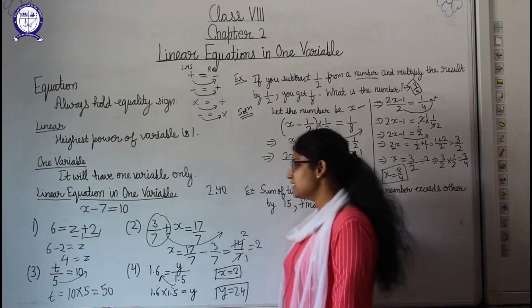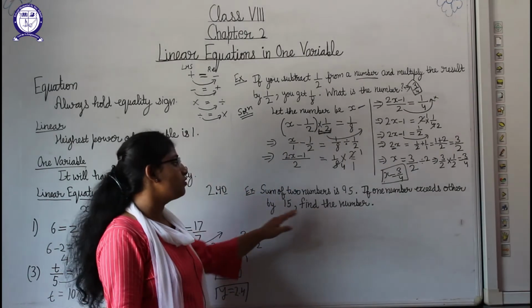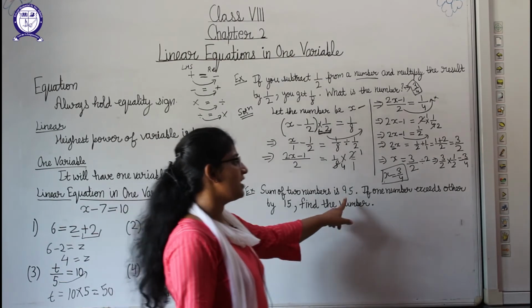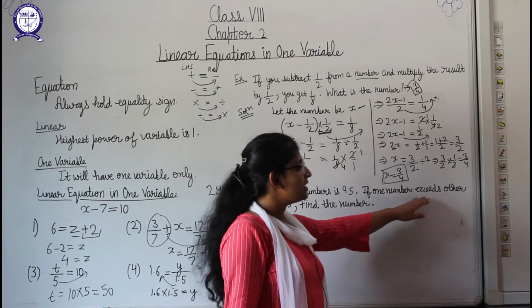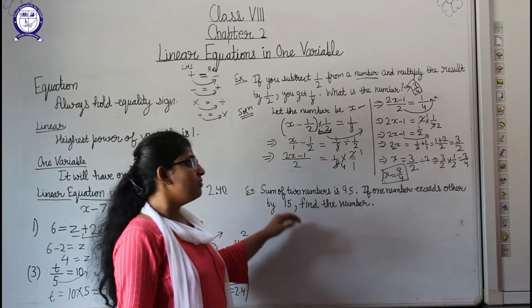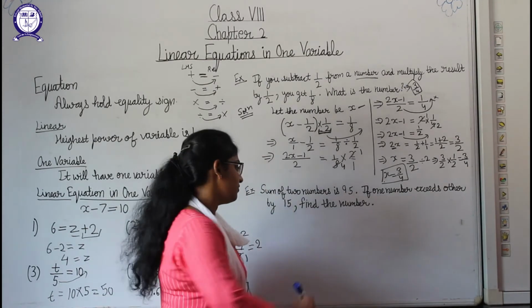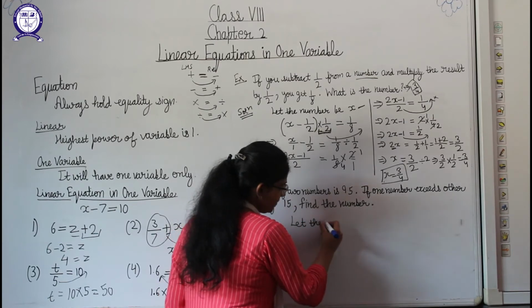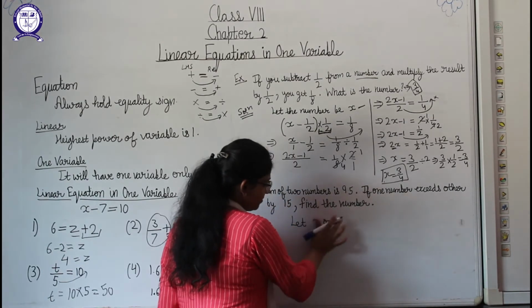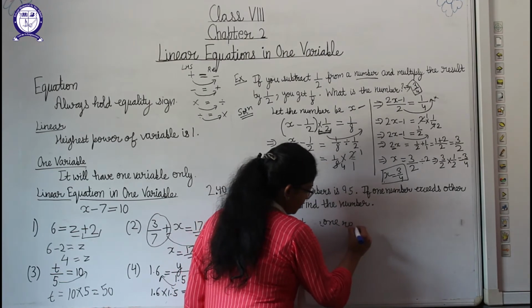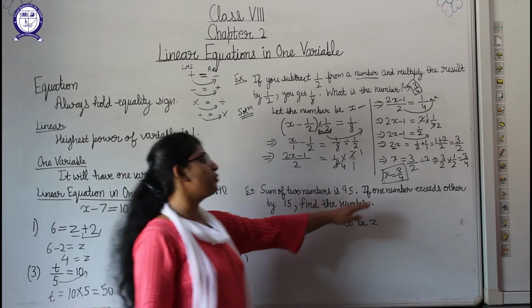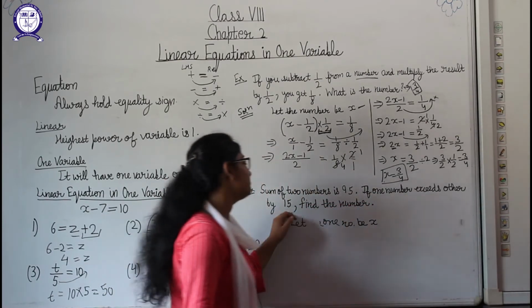Now students, the next example is: the sum of two numbers is 95. If we add the two numbers, we are getting 95. If one number exceeds the other by 15, suppose one of the numbers is x, so we let one number be x. Okay, so what will be the other number? It is said that one number exceeds the other by 15.